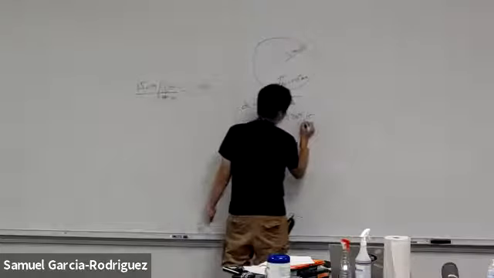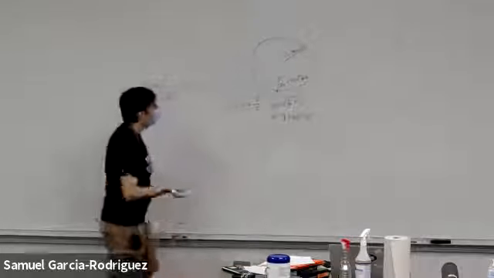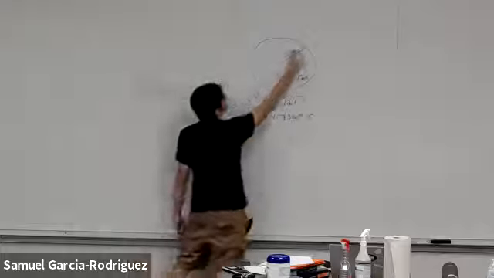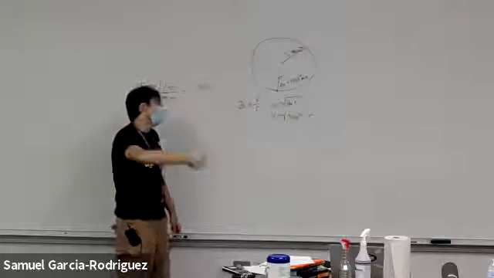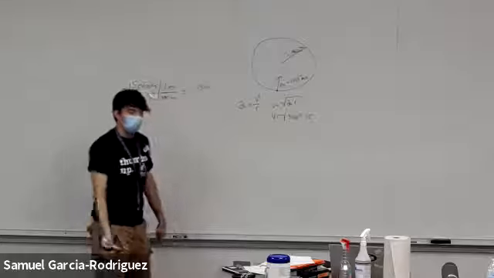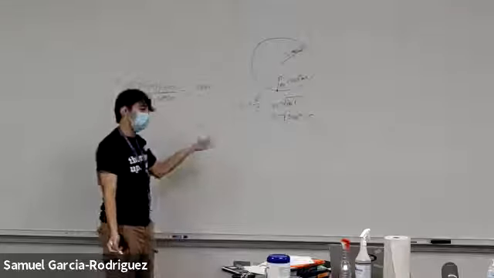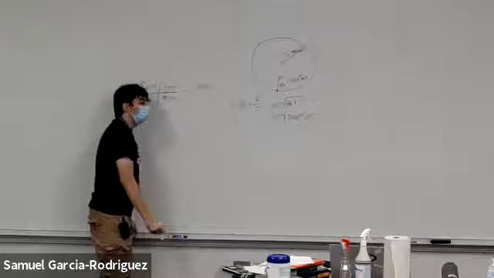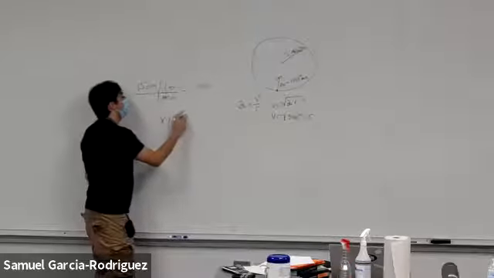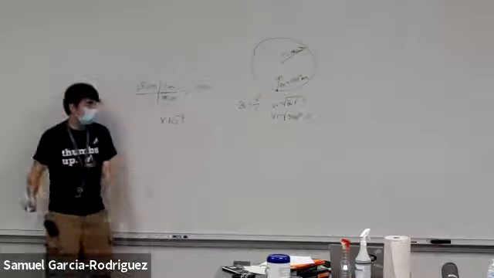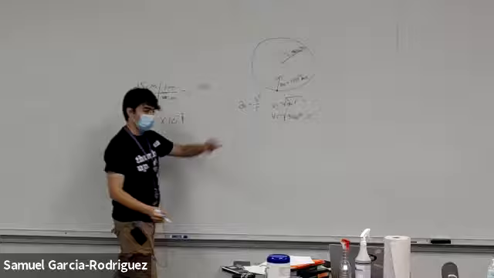And you can put it in like that. Or you can understand that the prefix centi, in centimeter, is times 10 to the negative 2. And you can just put 15 times 10 to the negative 2.